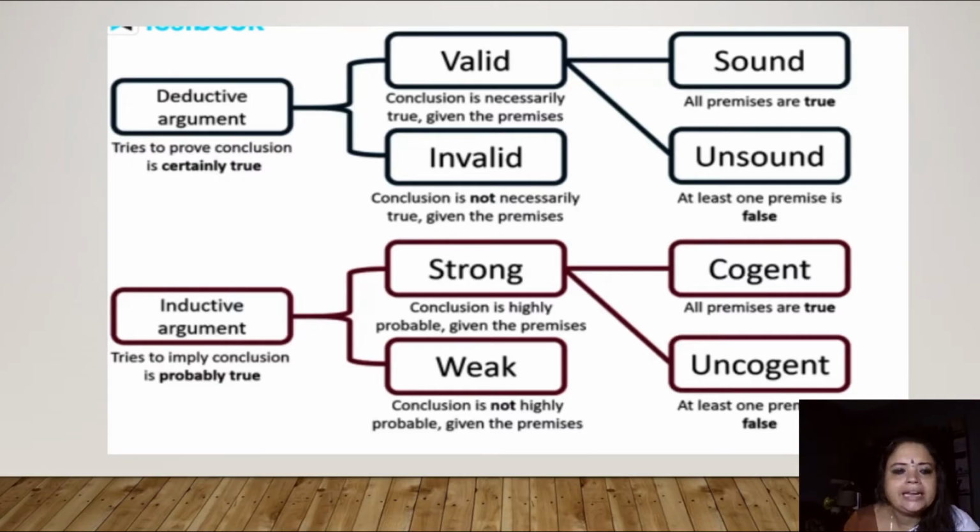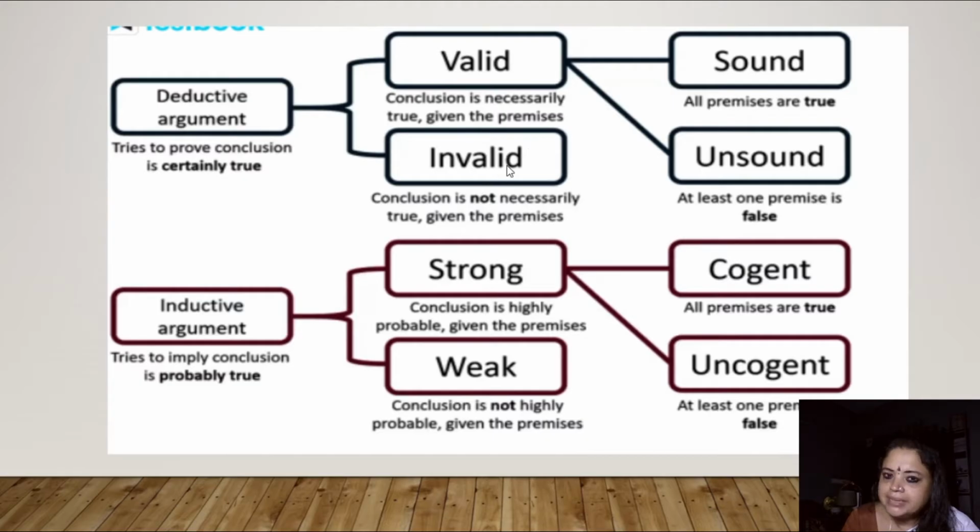In a deductive argument, you try to prove that the conclusion has to be true, and if the conclusion is true, then we say it is a valid conclusion. A valid conclusion arises only if the premises are true.